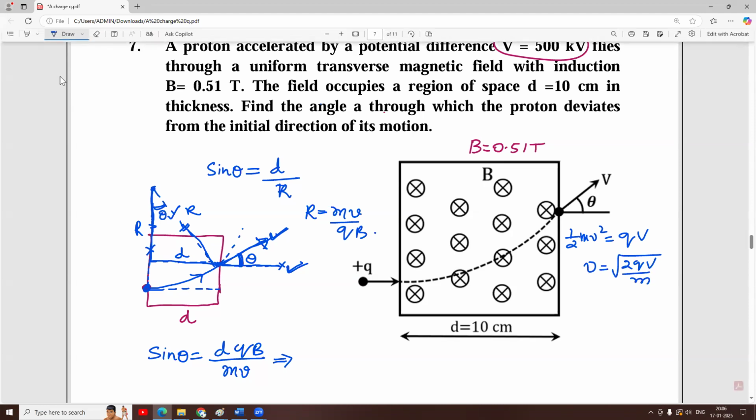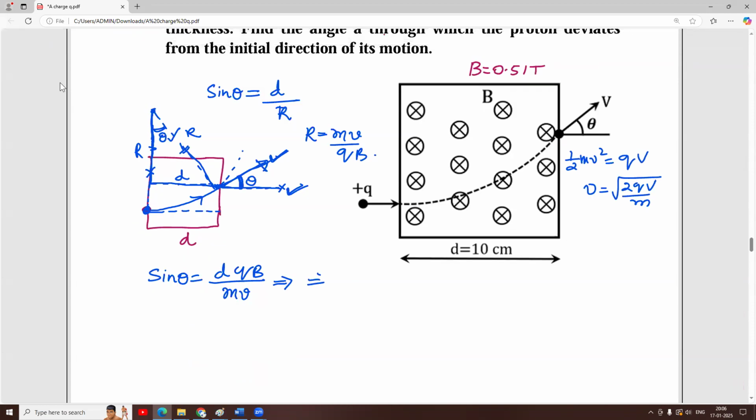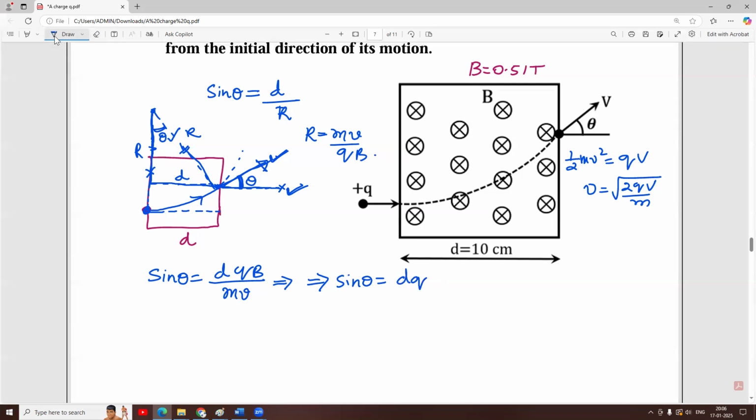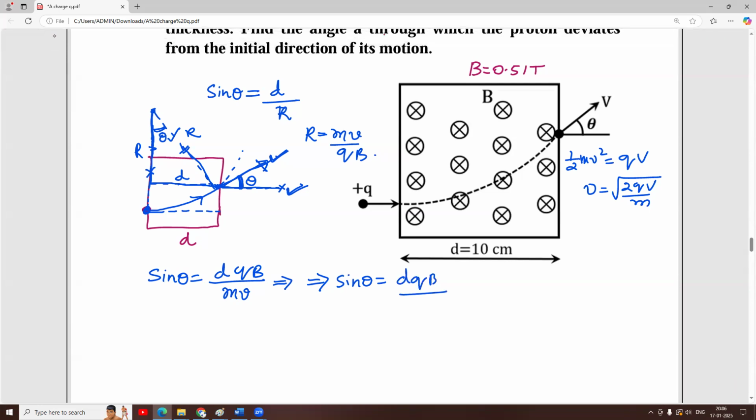Okay, so finally, what will be the answer? Sine theta is equal to dqB by m times the velocity, root of 2qV by root of m. Now we can simplify this. dB will remain there only. dB into root of, you can take this q here, q squared m.